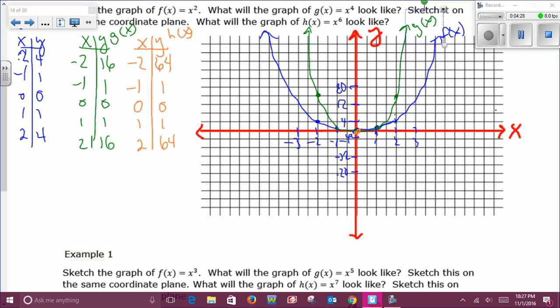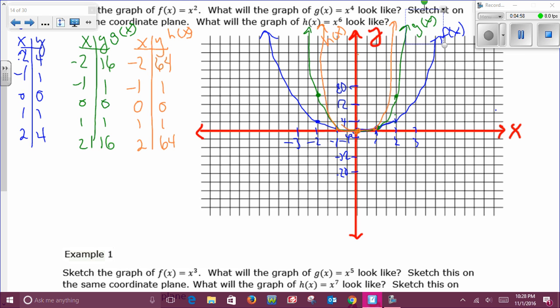So I have 0, 0, and those points. And then, I don't think I'm going to get to 64 on here, am I? So here, 24, 28, 32, 36. Okay, so 64 is going to be really hard for me to get to. But it's going to have to go way up like this. So that's h of x.